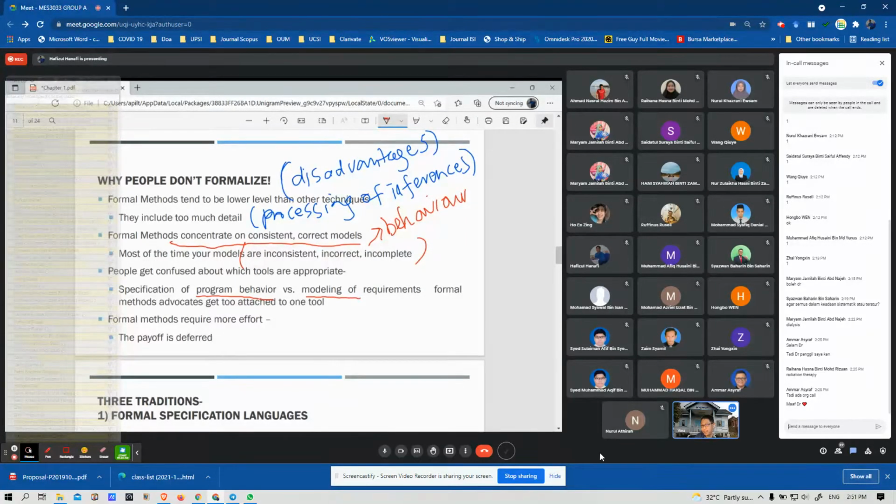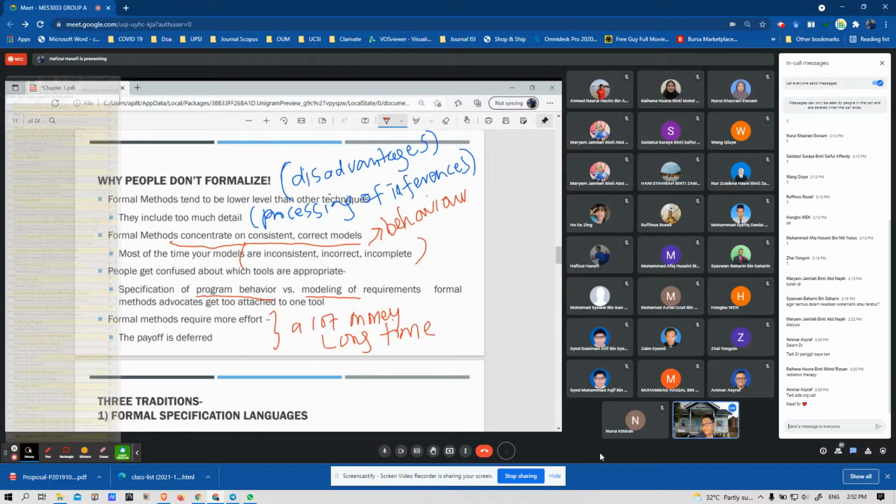Okay, and then formal methods require more effort, and this takes a lot of money because it takes a long time.